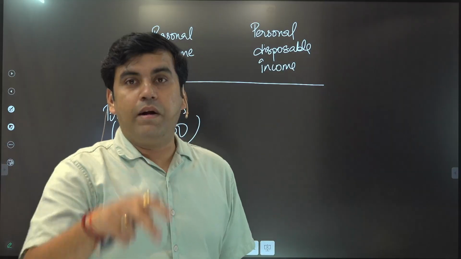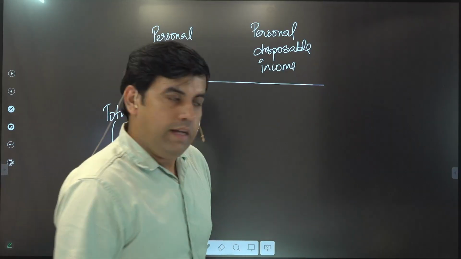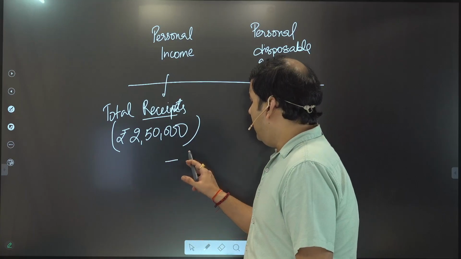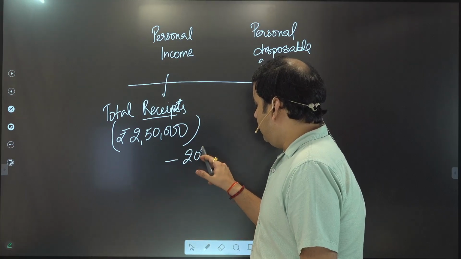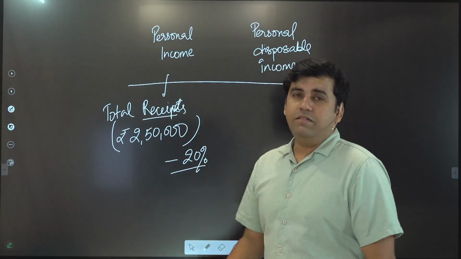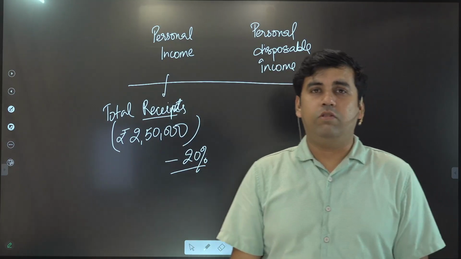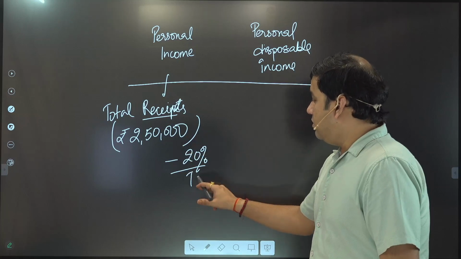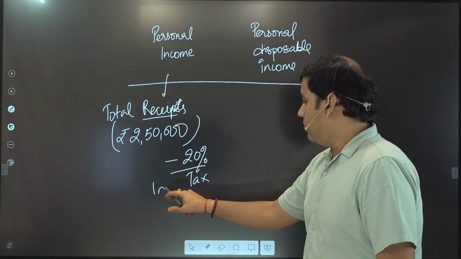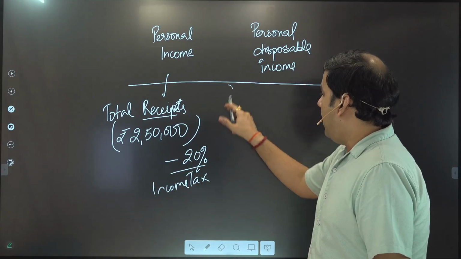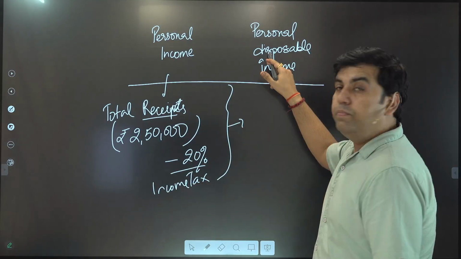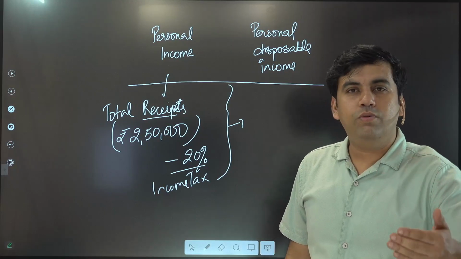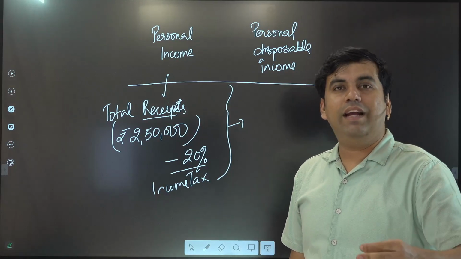The income tax department will say, Mr. Jatin, you have to pay, let's say, 20% tax, so please pay us 50,000 rupees as tax. So when I exclude this income tax, what I have is disposable income, the income which I can spend. What is disposable income? The income which I can spend.